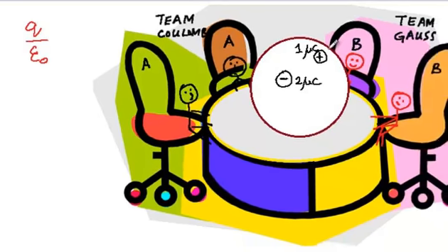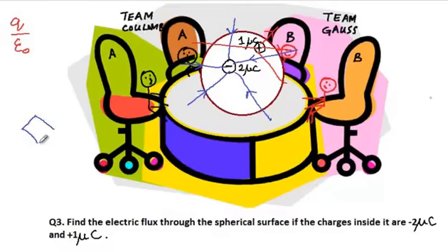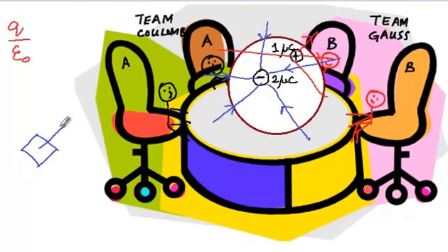Now you see, for a positive charge we have an outward flux. The flux is in the outward direction, and for a negative charge the flux is inwards. The field is in the inward direction for a negative charge. Now one way of looking at this is, say you have an area element dA and this is the direction of the area element.